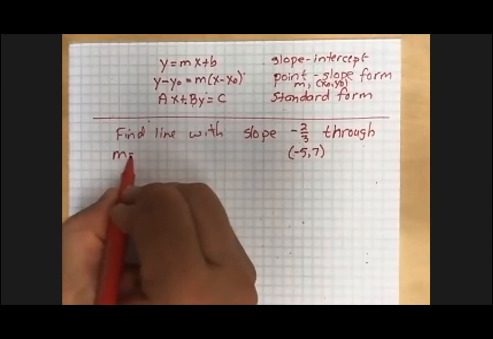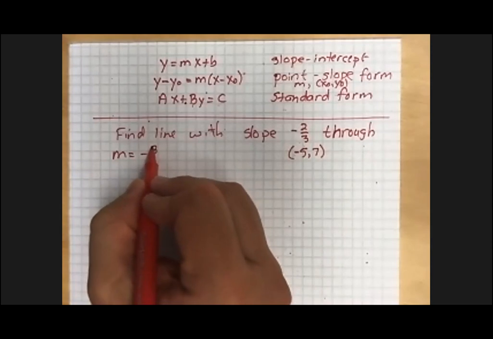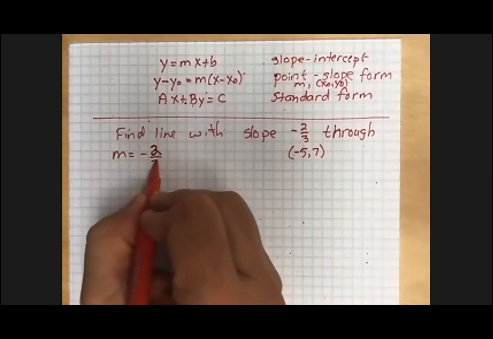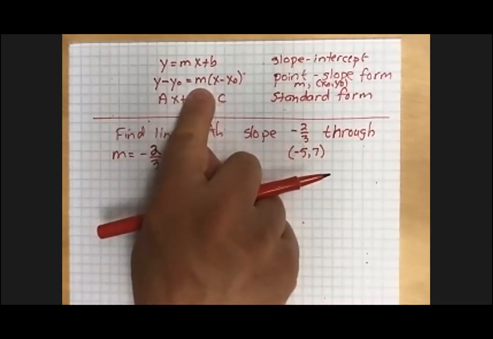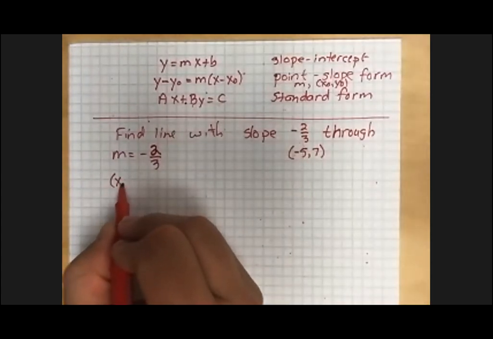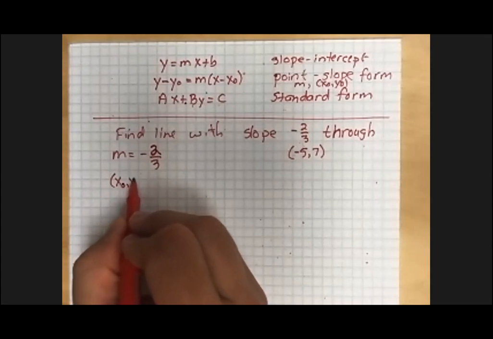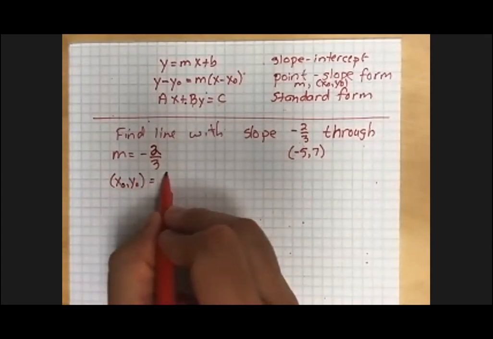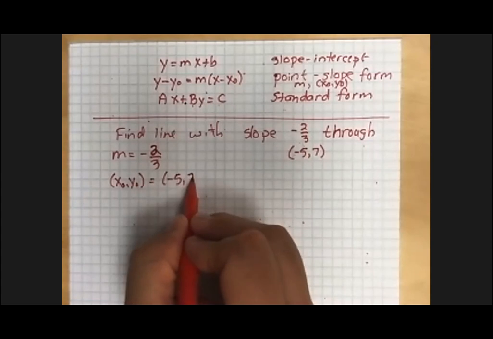The negative 2/3 is my slope. That's the m. The point minus 5, 7 is my sample point, my starting point, x naught, y naught.